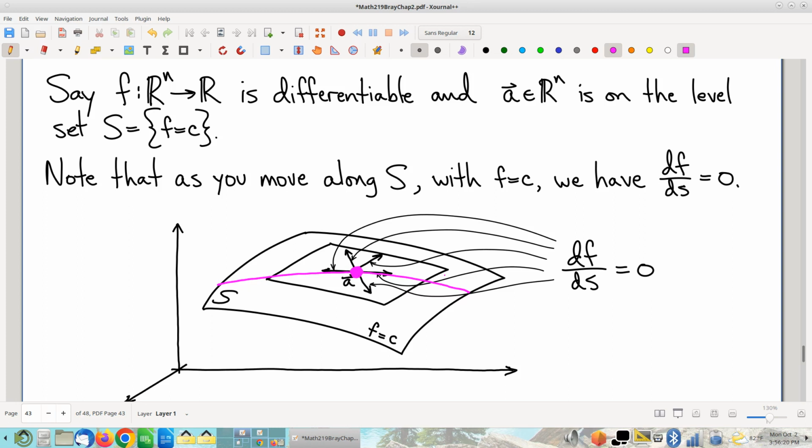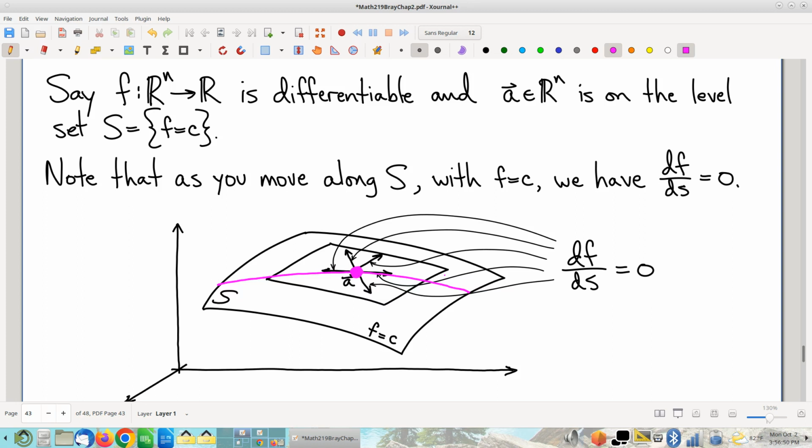Keep in mind, my surface is a level set. I'm moving along this curve, and it's entirely on this level set. Just to belabor the point, that means the value of f at every point on this curve is always c, because this entire curve is within this level set that says f equals c.